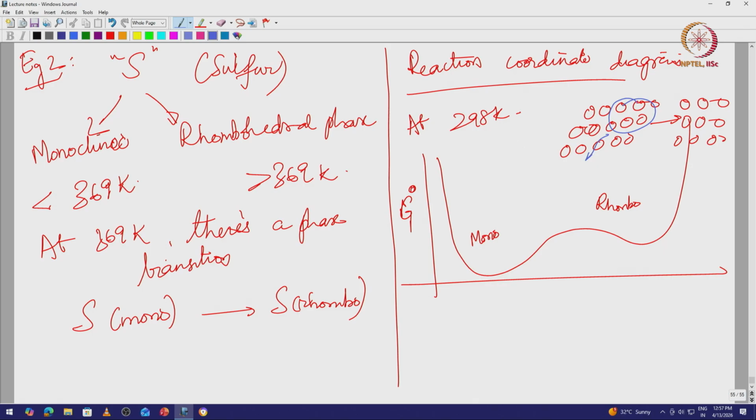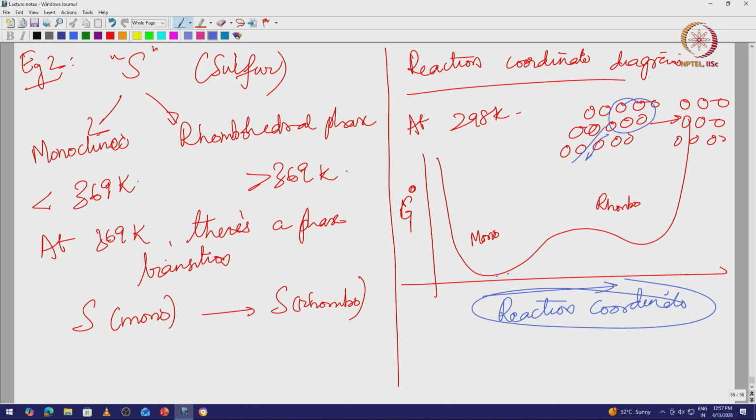There is some process by which this happens, and that process I am going to call the reaction coordinate. The nucleation reaction coordinate is changing and it is propagating. Essentially I can quantify this process in terms of what is called a reaction coordinate, which chemists use all the time.